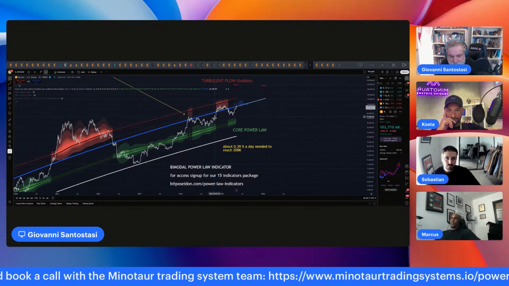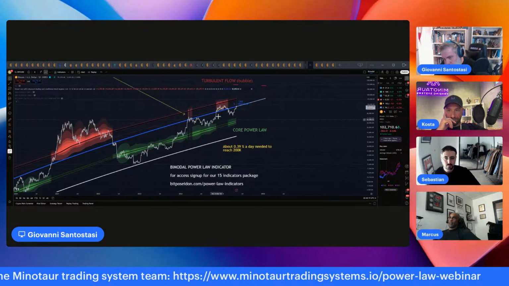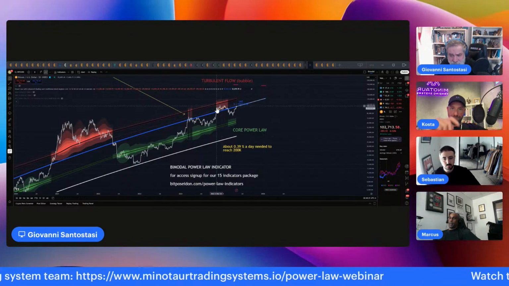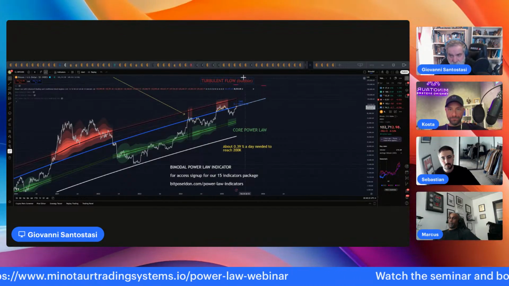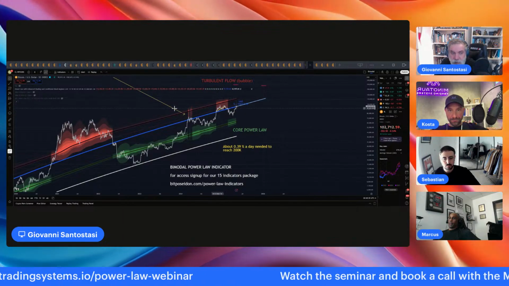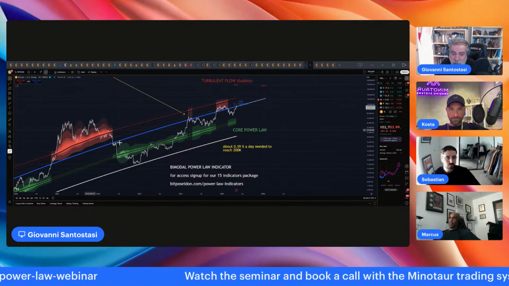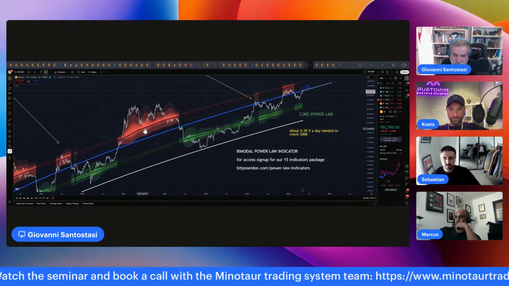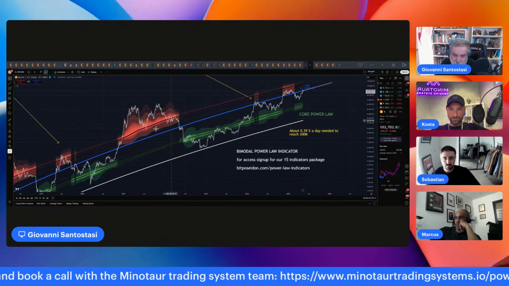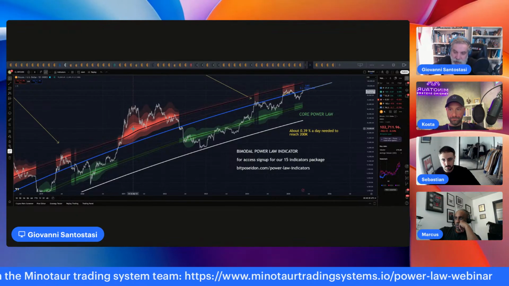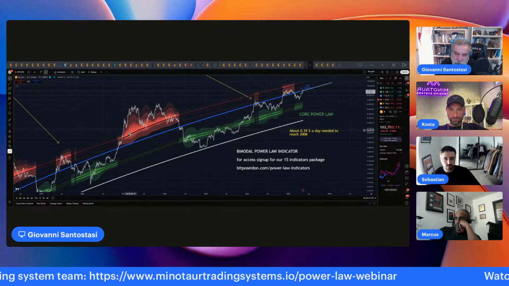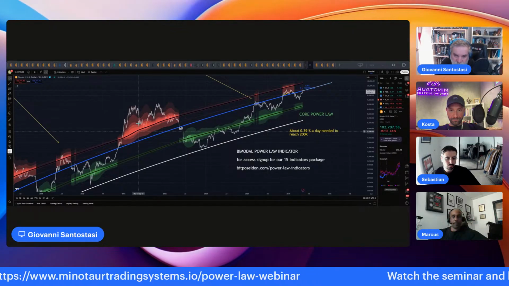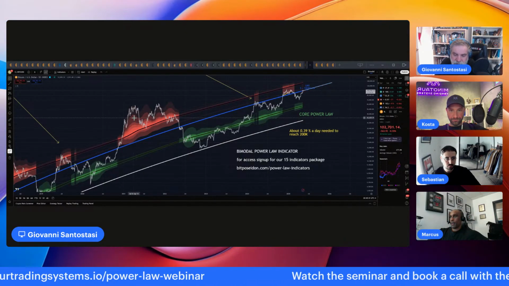We had this bull run, and we went into what we call the turbulent flow. In the turbulent flow, the power law is still there, because you can see this red line is where the power law is, but it looks shifted, and it looks shifted because the distribution of the values is long-tailed.